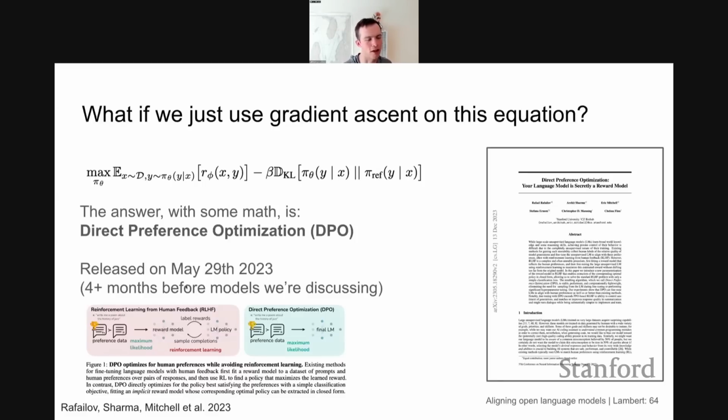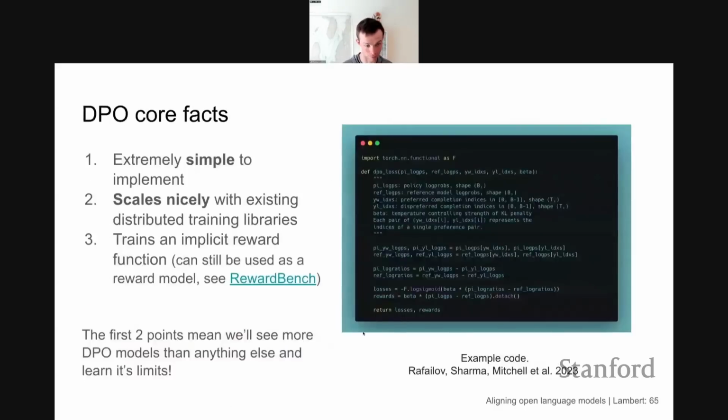This chapter starts in kind of late September, October. Back in May, when we're still talking about Open Assistant, this DPO paper came out. It's a fantastic paper. If you haven't read it, it's a great way to learn about language model math. It's worth reading. But the core idea is, why are we spending all this time learning a reward model when we can just use gradient ascent and solve for the loss function?